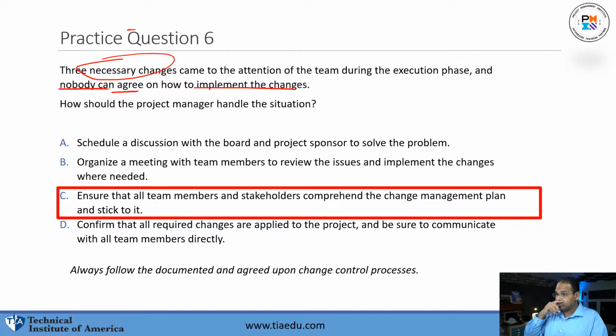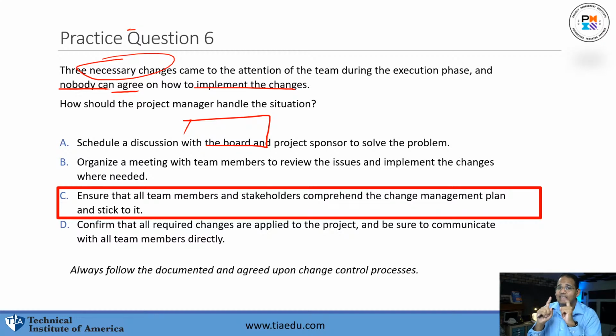A says schedule a discussion with the board and project sponsor to solve the problem. There's no discussion. They already said they can't agree, and I'm not sure you're going to approach the board. The board is like the highest level, senior management. Remember this for your exam: people like the sponsor, the board, and senior management aren't going to solve your problems.